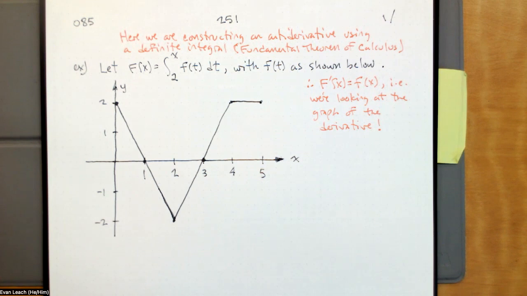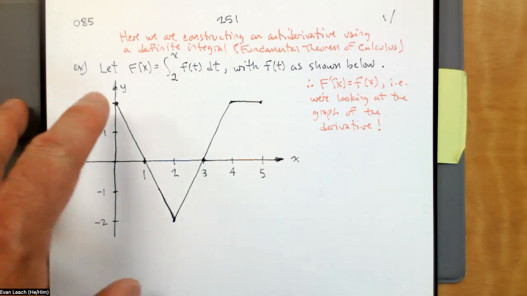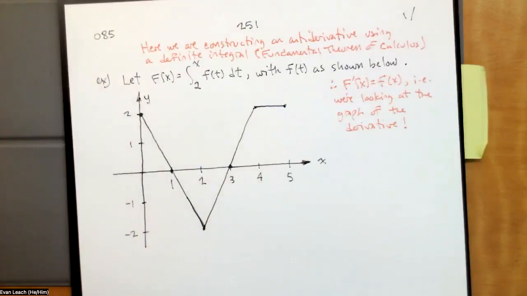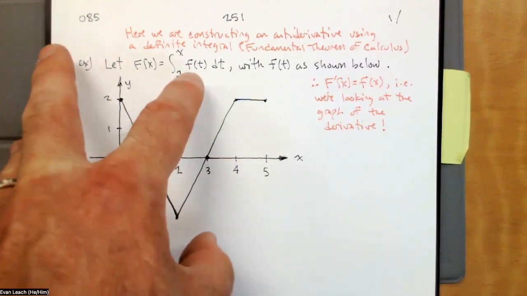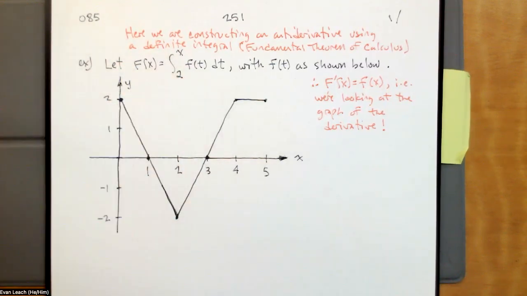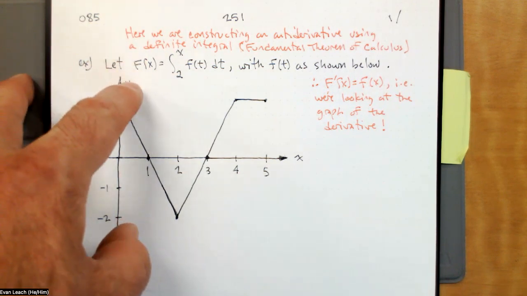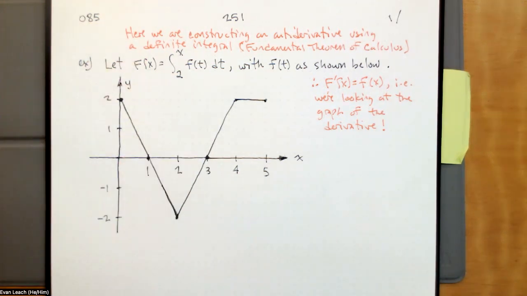That should make you think about the second part of the fundamental theorem of calculus and recognize that we are constructing an antiderivative using a definite integral. The second fundamental theorem of calculus says that a function constructed this way, capital F, is an antiderivative of little f. What that means is capital F prime is equal to little f. This is my way of saying, here is the graph of the derivative.